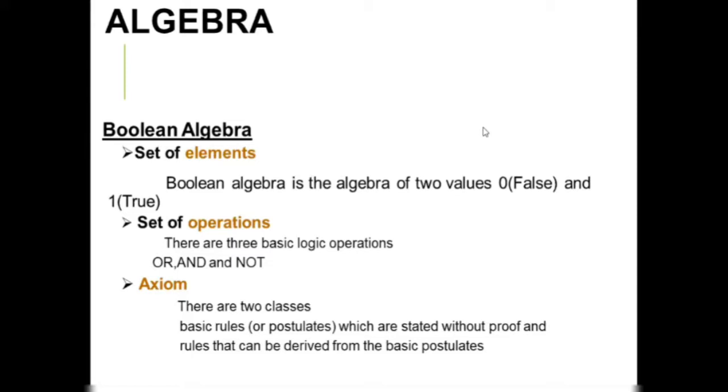There are 2 classes of axioms. There are the basic rules, which are stated without proof, the postulates, and there are rules that can be derived from the basic postulates.